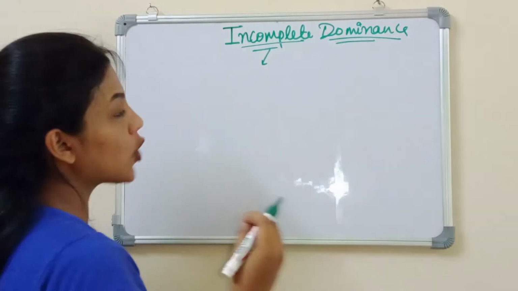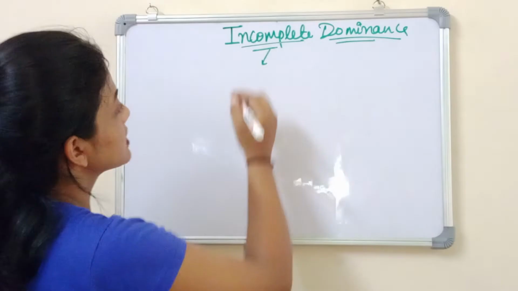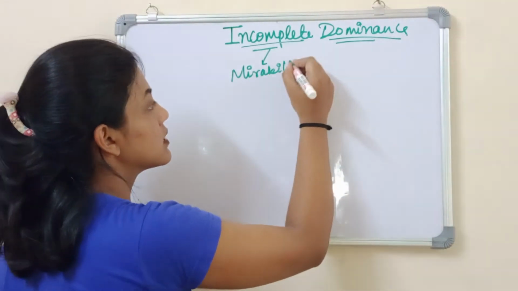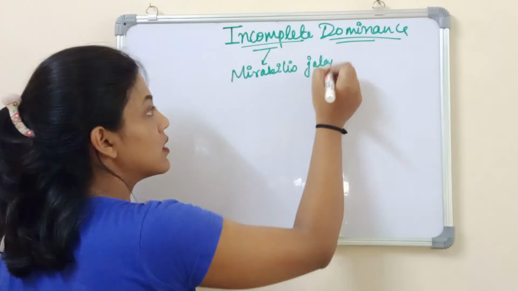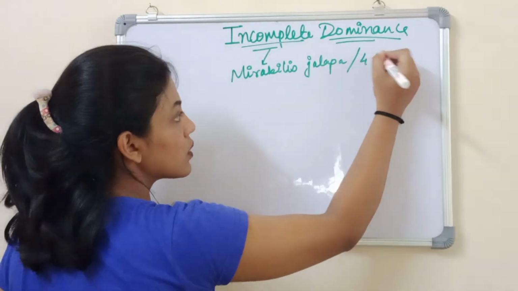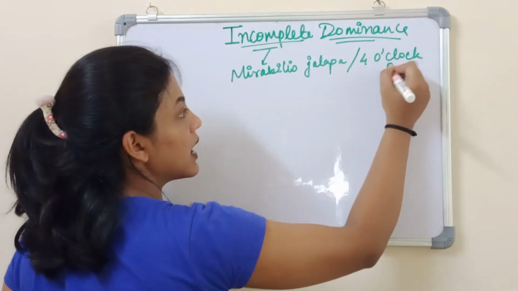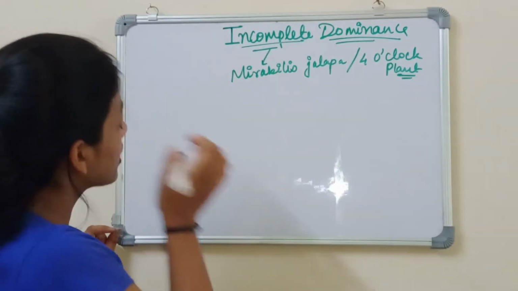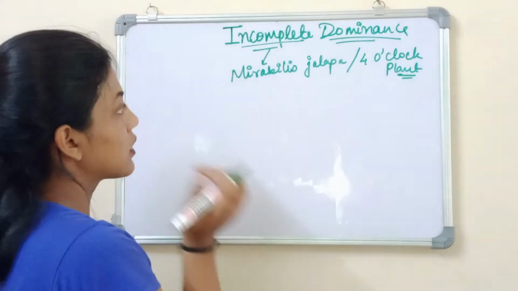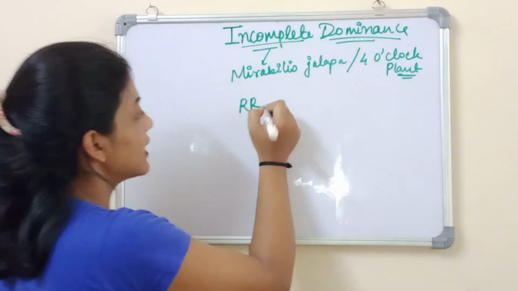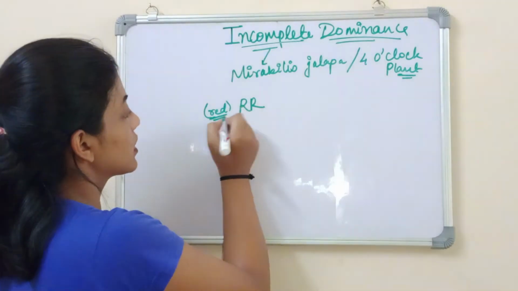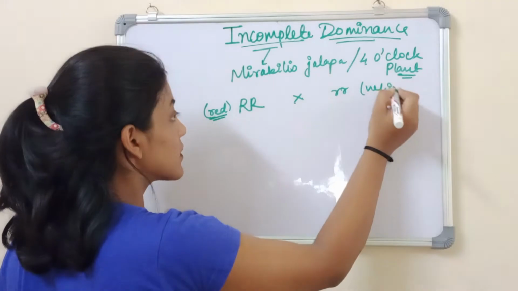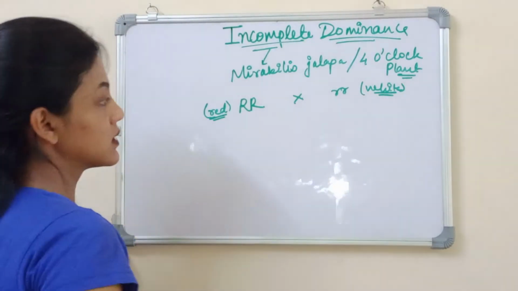The example that we commonly study under incomplete dominance is of Mirabilis jalapa, or the four o'clock plant. If we cross a plant bearing a red flower and a plant bearing a white flower, what do we get?